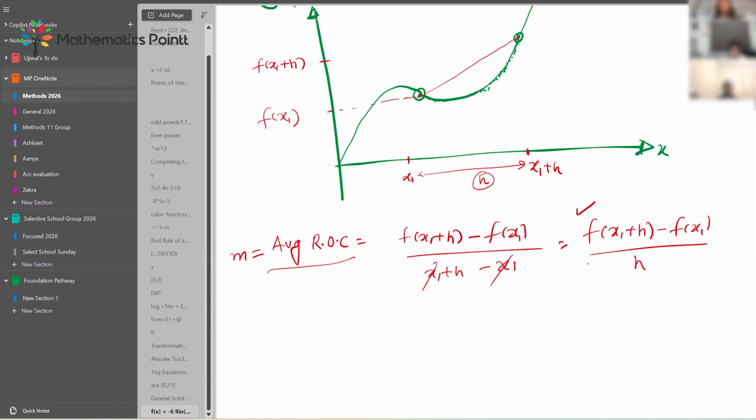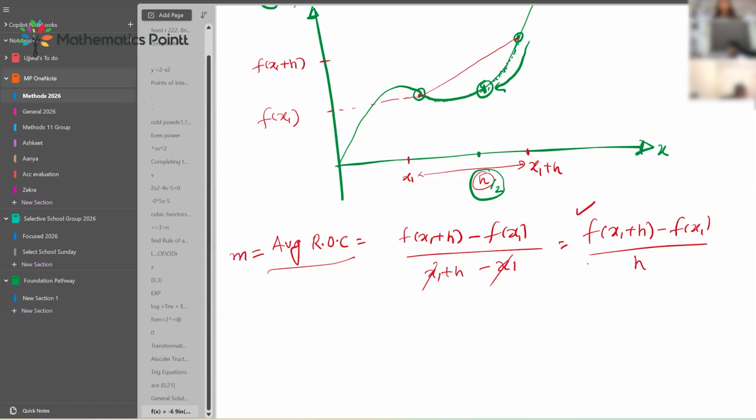Because I'm decreasing the distance between the two. Correct? So let's say I halved h. So now your new point has come here. You've moved this point to this point. Why? Because you have halved the distance between the two.